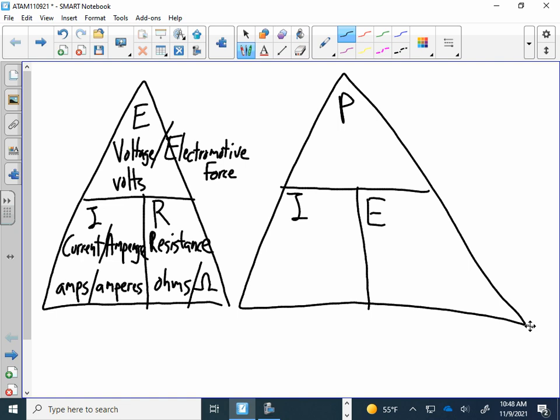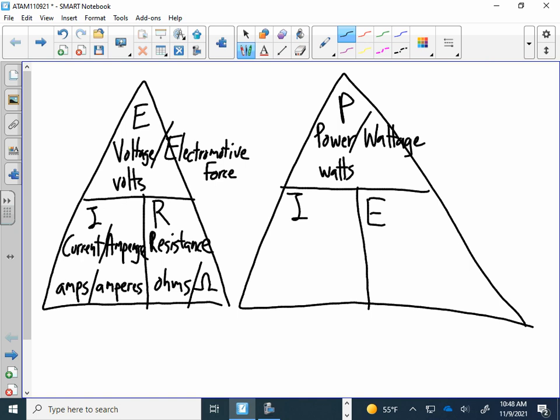Which leaves us with P. P for power. And another name for power is wattage. And wattage is measured in watts. And the I and the E repeat.